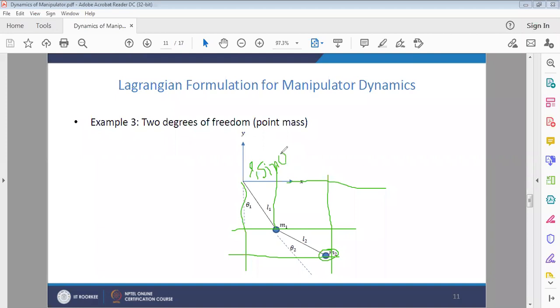Am I right or not? L1 sin theta 1. And the y component of this point, the M1 point, is minus L1 cos theta 1. Okay, so next, look at this point.